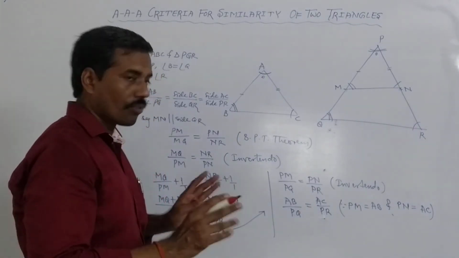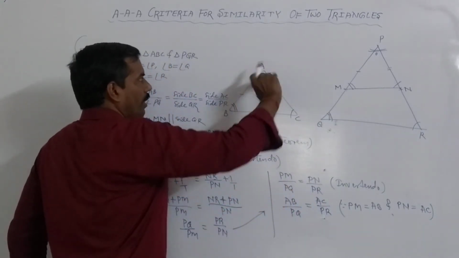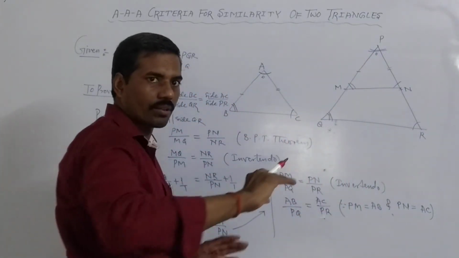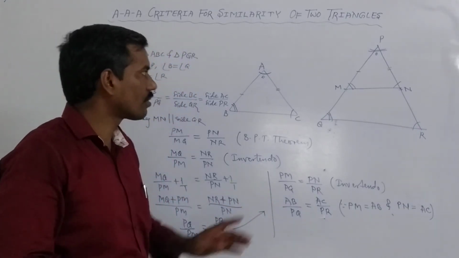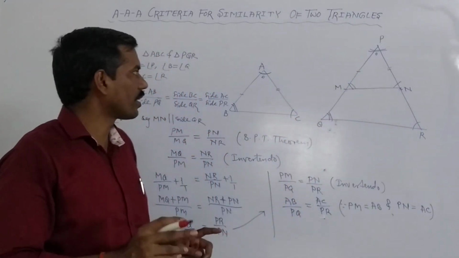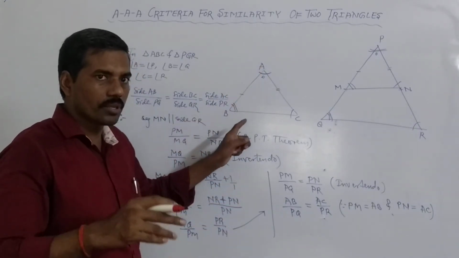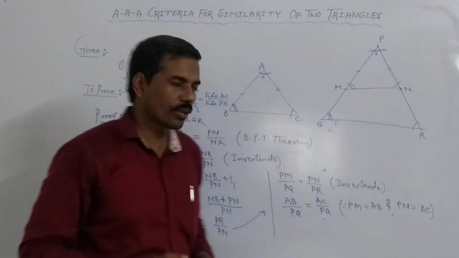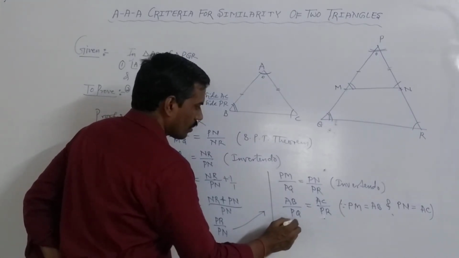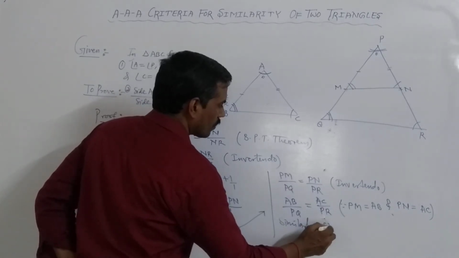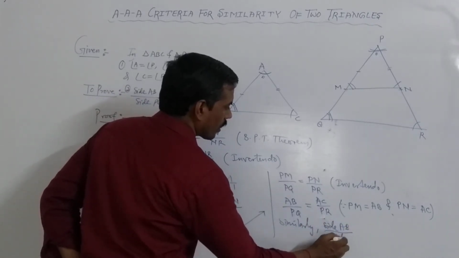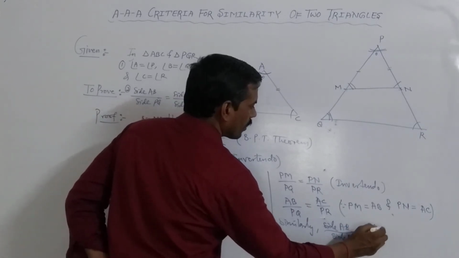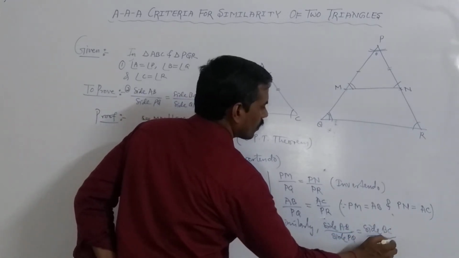For this we have to draw a line parallel to PR, constructing in a similar way, and we can prove that side AB upon side PQ is equal to side BC upon side QR.